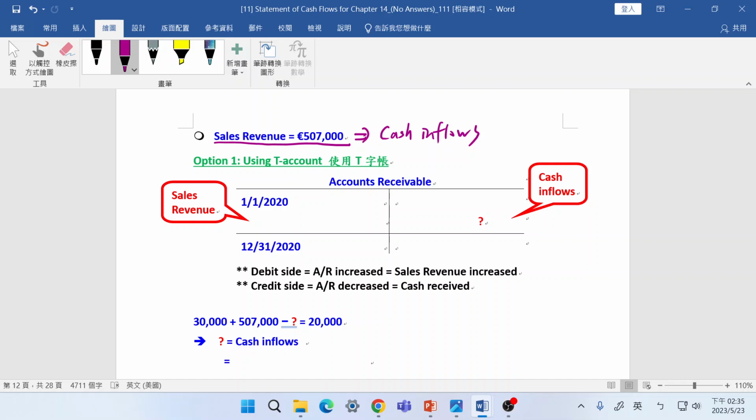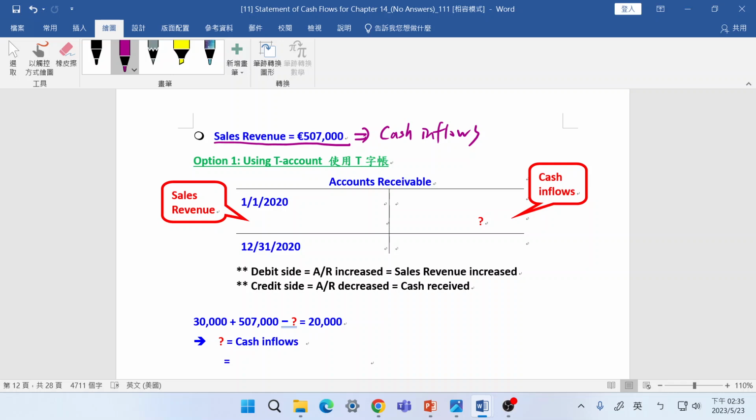Could you tell me, does sales revenue increase make your accounts receivable increase or decrease? Increase, right? If you forgot, please take the accounting course again next year, please. Sales revenue increase, of course, accounts receivable increase, right?